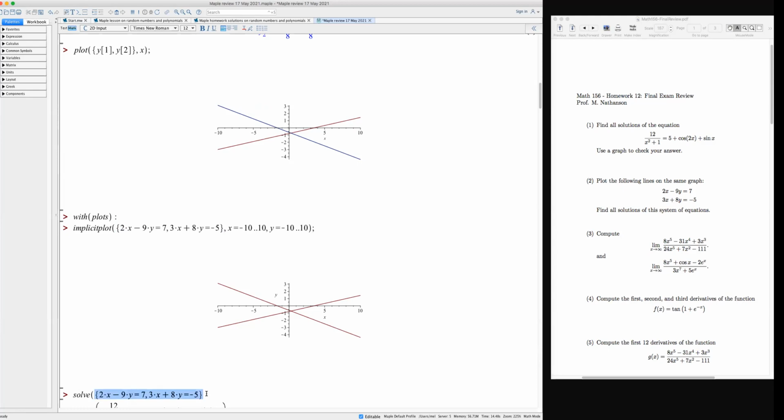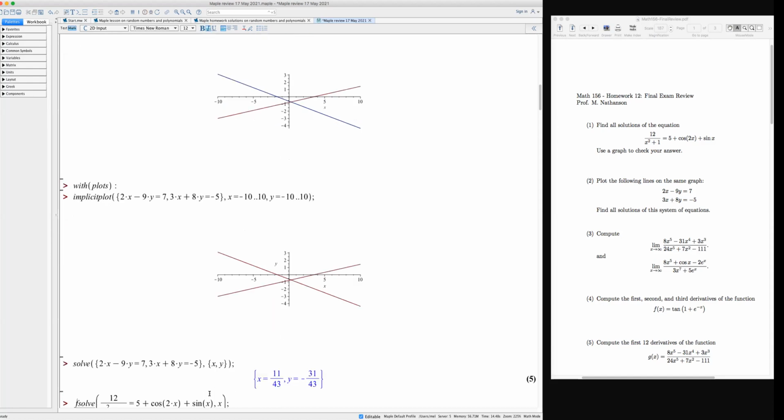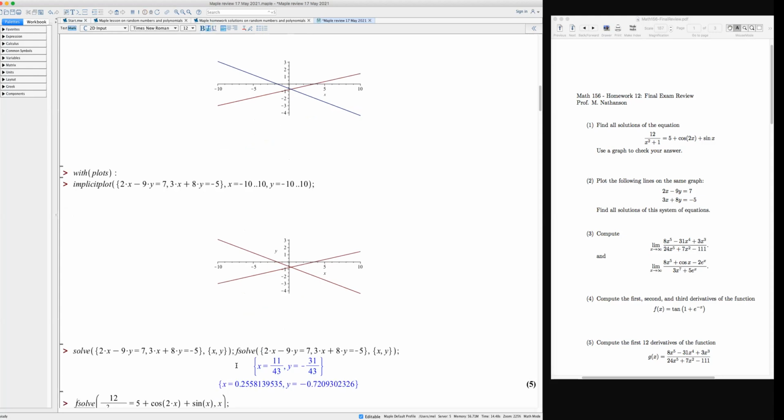So I put the variables also, x comma y. That's the solution. And if I wanted it in decimals, I would use fsolve.